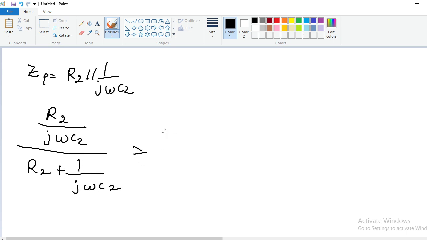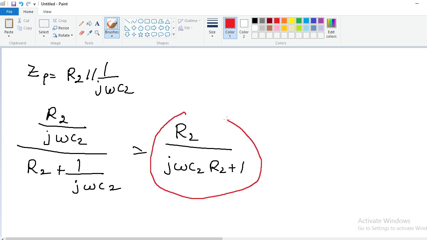So we get R2 divided by (j omega C2 R2 plus 1). This is the ZP equation. Now coming to ZS.